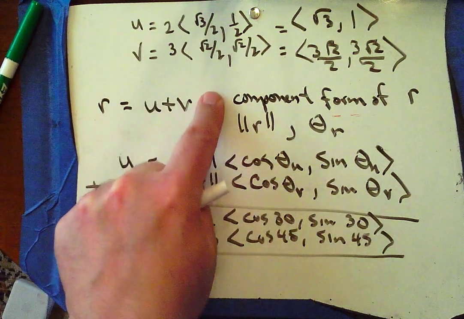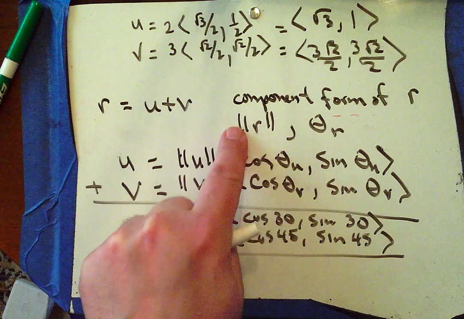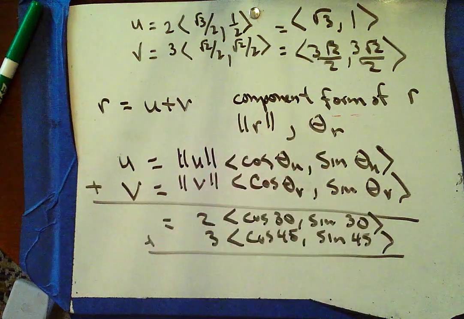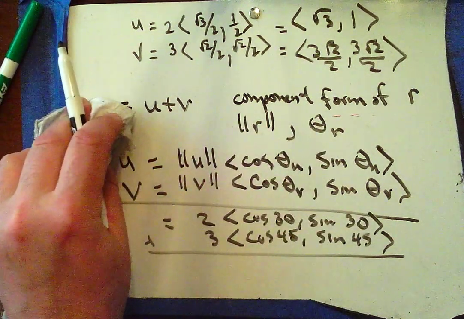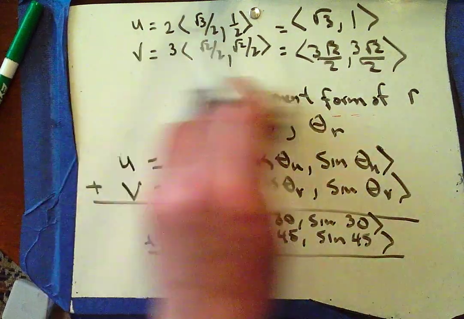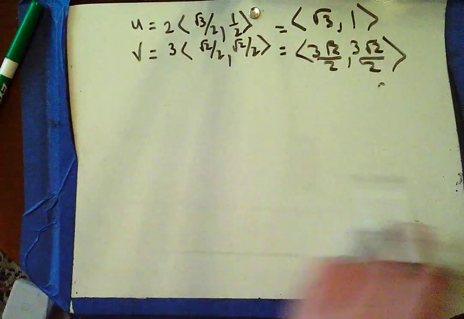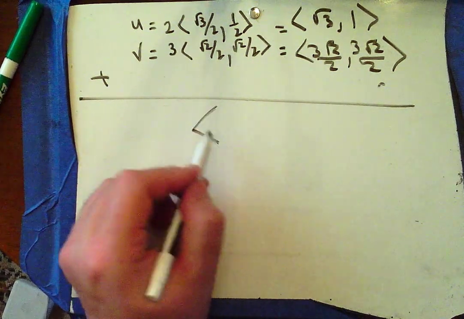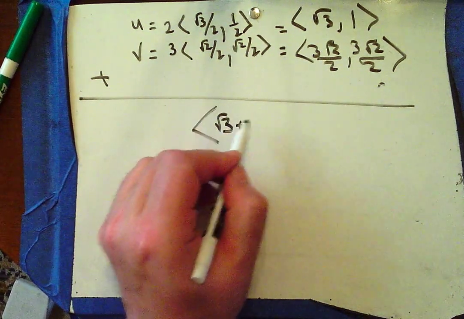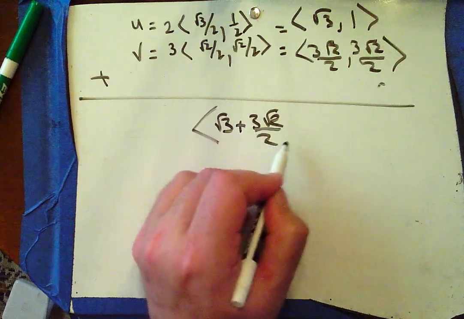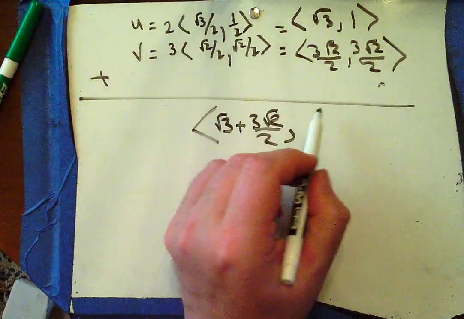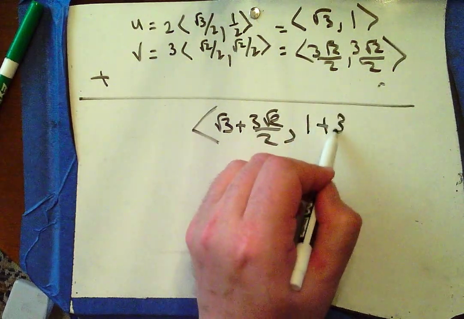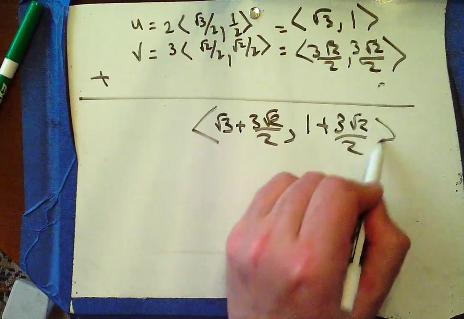Once we have r in component form, I also want to find the magnitude of r, and I want to find theta r. Okay, so let's go. If I add these vectors together, the x component is root 3 plus 3 root 2 over 2, comma, the y component is 1 plus 3 root 2 over 2.